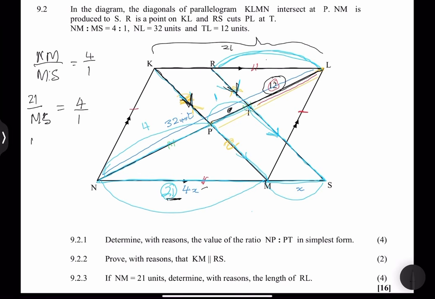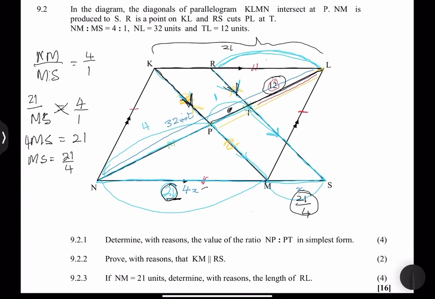So if I want the side MS, you can cross multiply. MS times 4 is 4MS, and 21 times 1 is 21. So it means that MS would be equal to 21 over 4, right? We could have actually just predicted that it's a quarter of this 21 that we got there. So that would be 21 over 4.